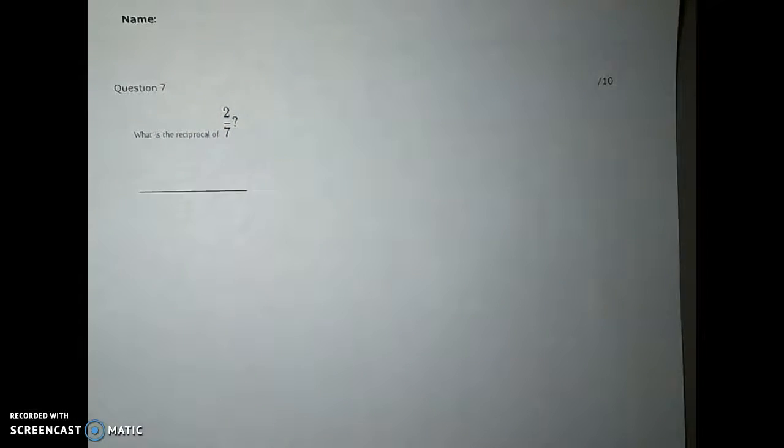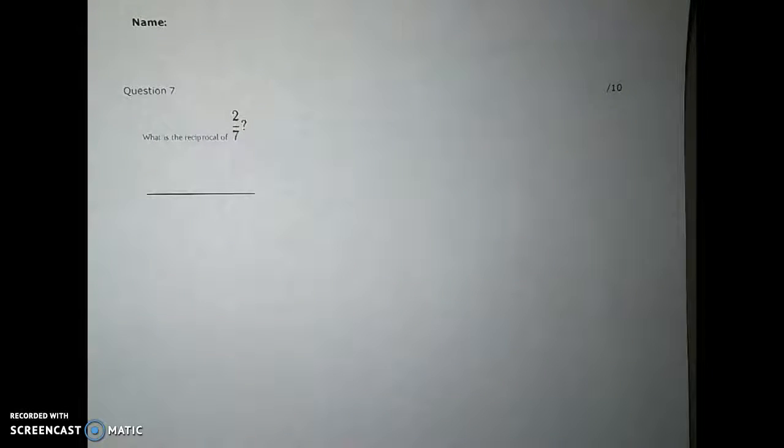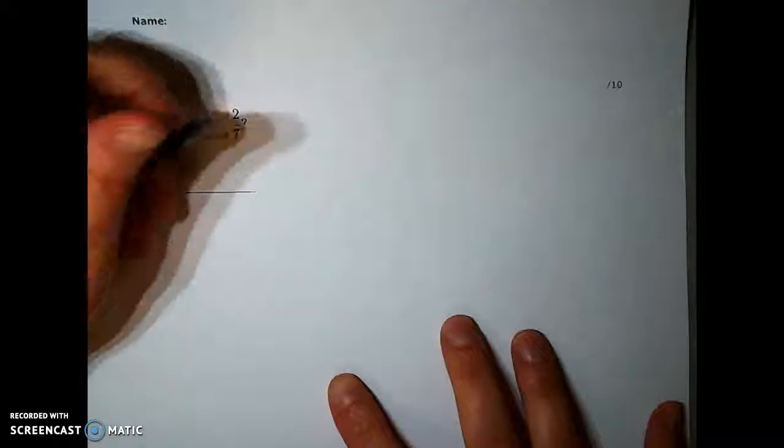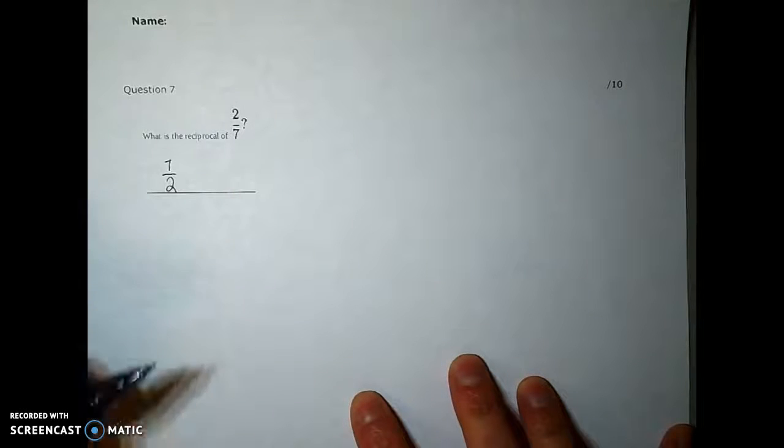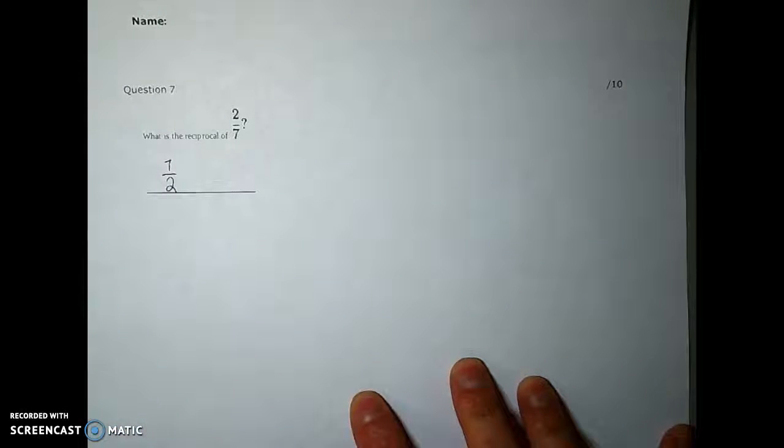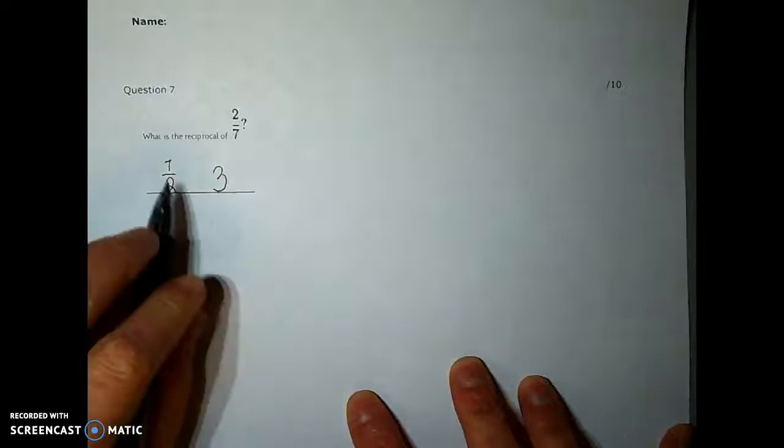The next example asks me, what is the reciprocal of 2/7? Reciprocal just really means flip the numbers in your fraction. So the reciprocal of 2/7 would be 7/2, and you could write this as 7/2, or you could write it as a mixed number. 2 goes into 7 3 times, so my big number in the mixed number is going to be 3.